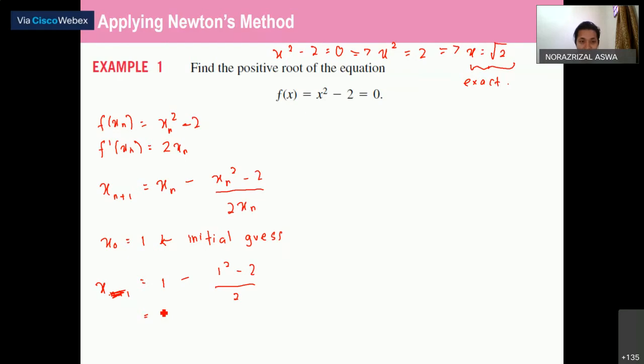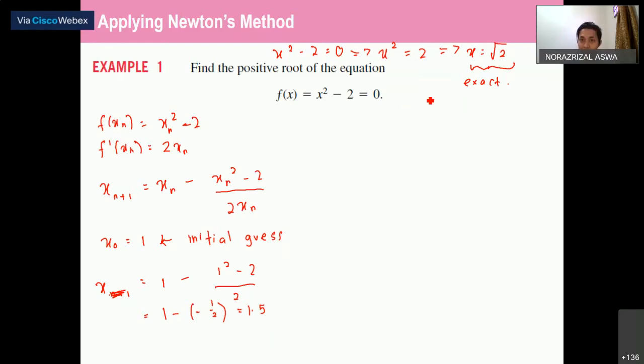I have the values, but I don't want to compute it. We have 1. 1 minus 2 is minus 1. Minus 1 over 2 is minus 0.5, so 1 plus 1 over 2 is equal to 1 and a half, 1.5.